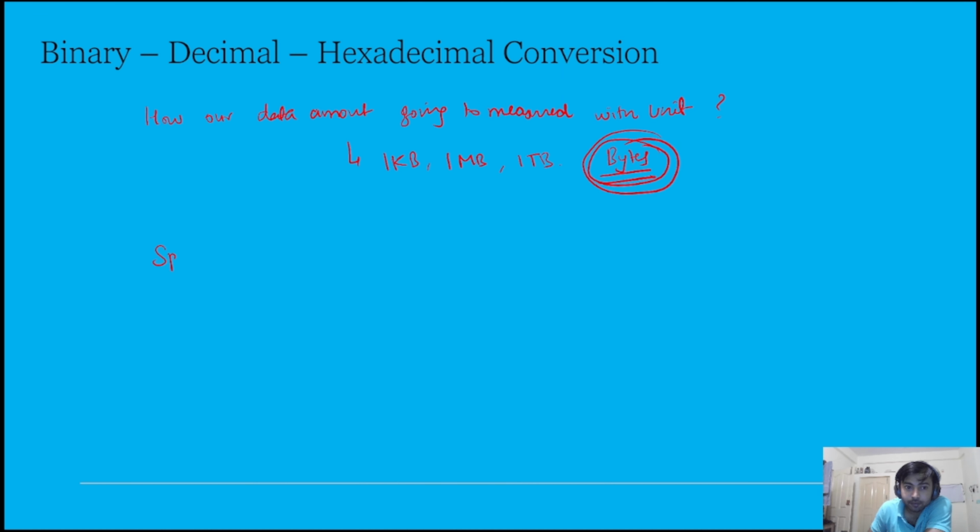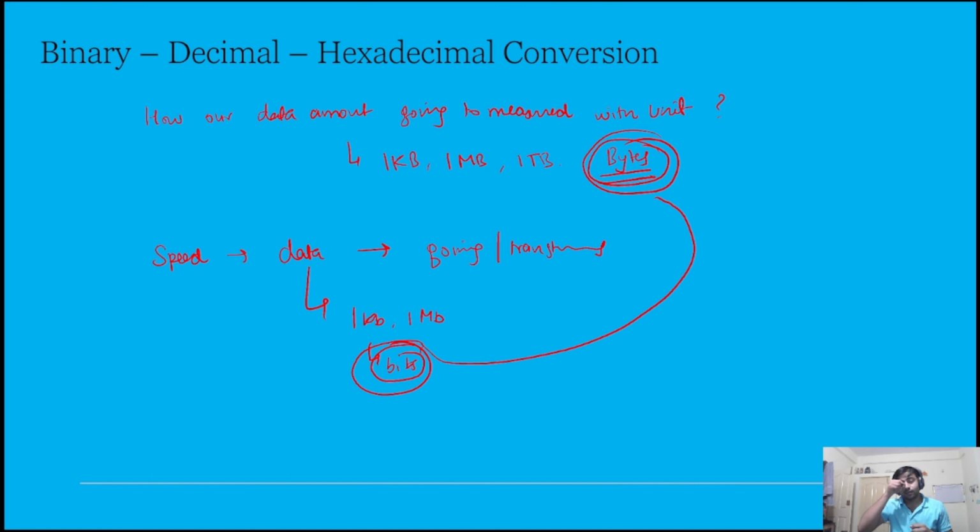If we are talking about speed, like at what speed our data is going or transferring, this happens in 1 kb, 1 mb. This will be in bits. So this is the difference between bits and bytes in terms of understanding their uses. So don't confuse these two. If someone is saying 1 megabyte amount of data has been transferred, don't understand it as 1 megabit.